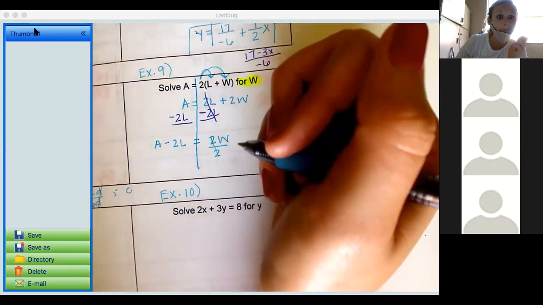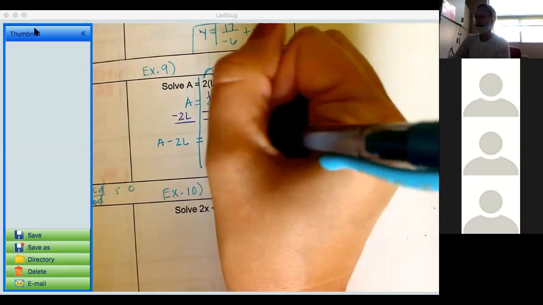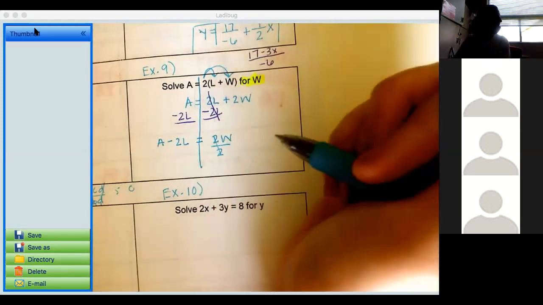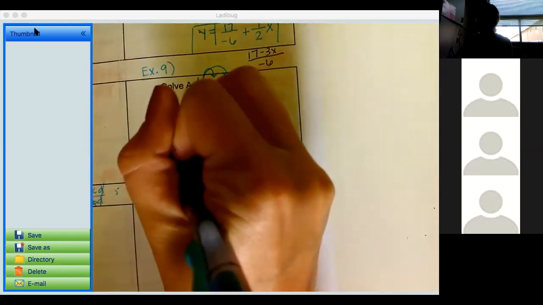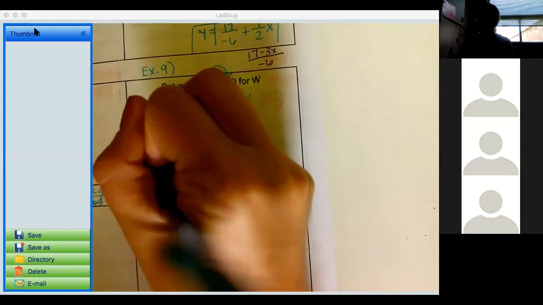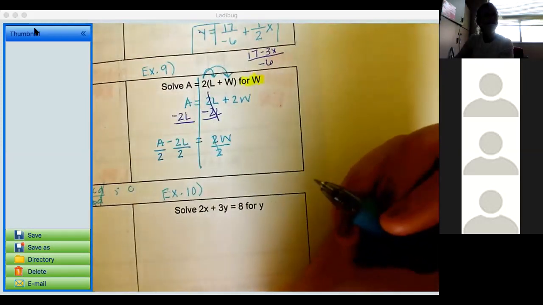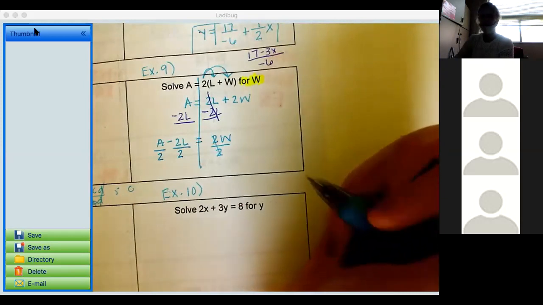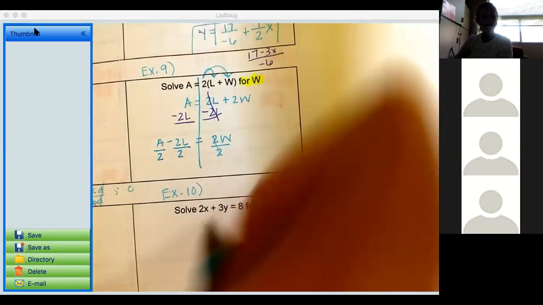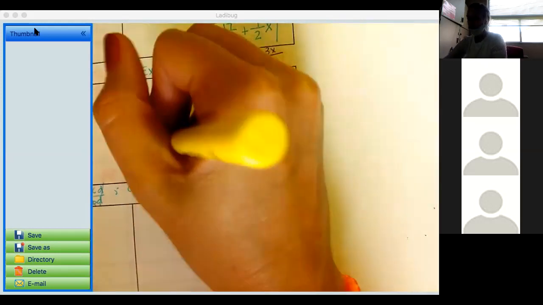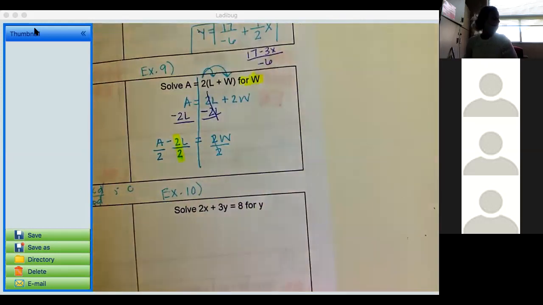Why you crossing 2 W's over? The 2's, because we're getting W by itself. It's not 0, it's 1. Why am I separating this one? We got another number over here, don't we? Do y'all see this? What other number? Right there.